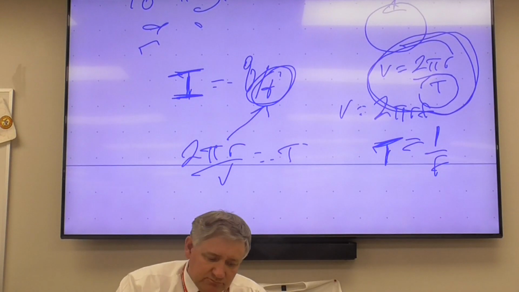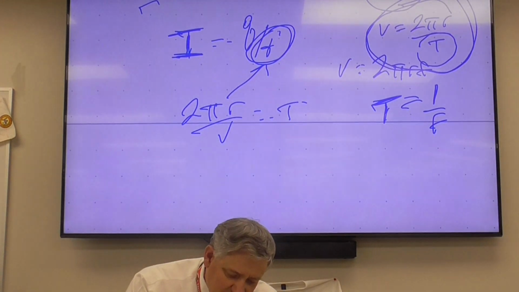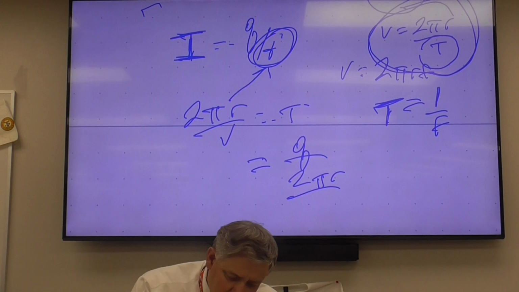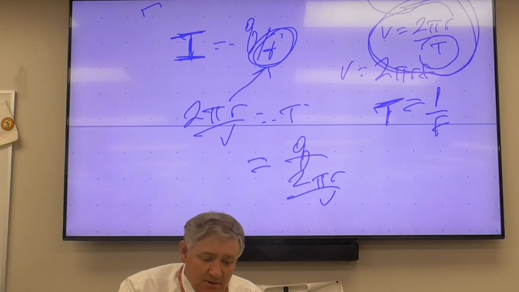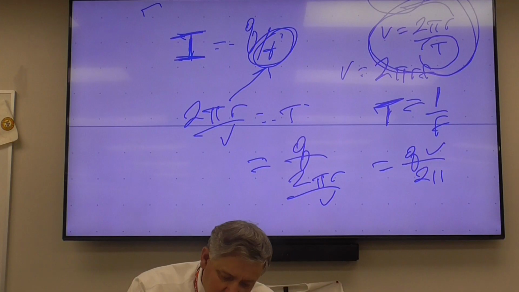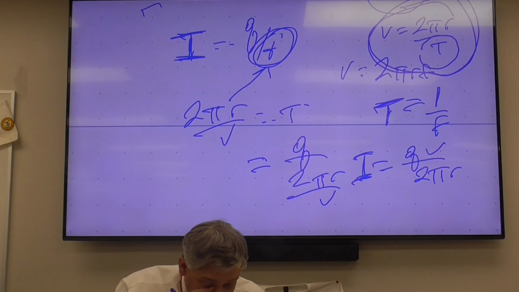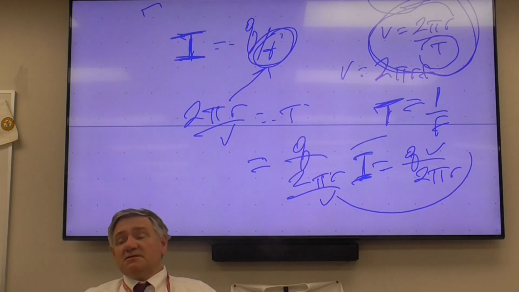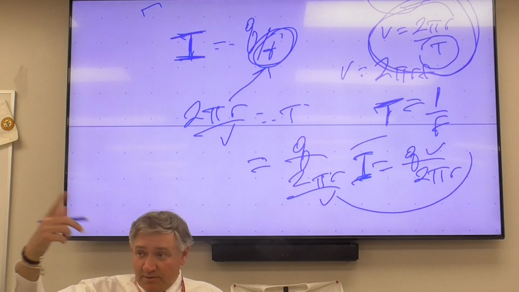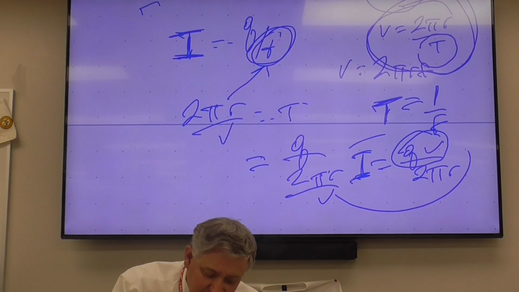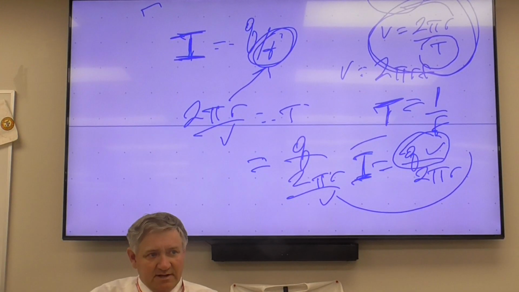So I could write that as q over 2 pi r over v, or qv over 2 pi r, which equals your current. Where have I seen that before? Okay, so what that means is if you know the current going through the wire, and you know, for example, the charge and the velocity, you can figure out what the radius is.